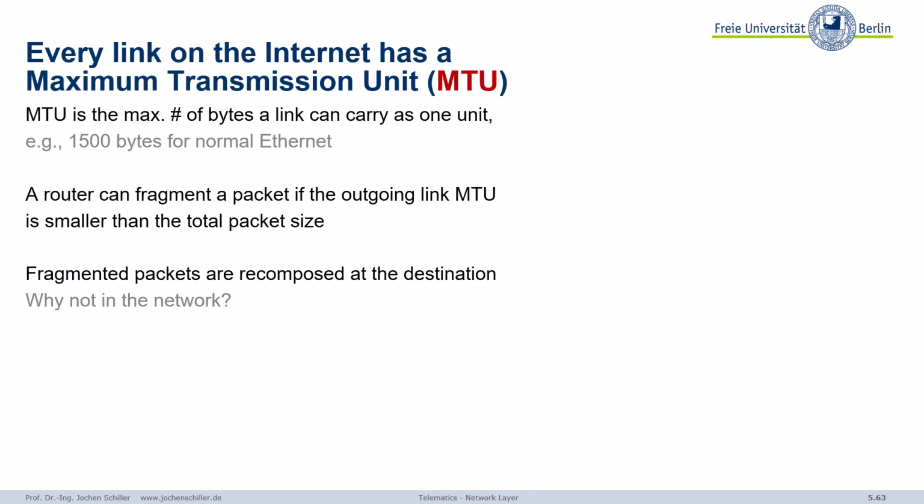So for example, you agree that on a certain link you have a certain maximum transmission unit, MTU, how many bytes you can carry as one unit. And typically you have these 1500 bytes. But if, as the example showed, for the IoT network, the outgoing link MTU is smaller, then we have to fragment.